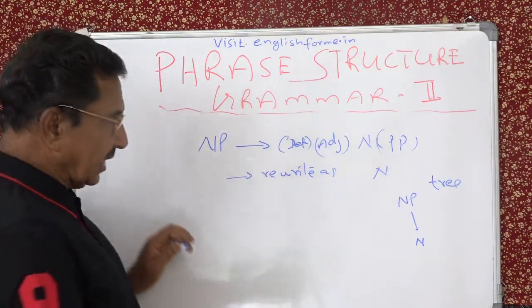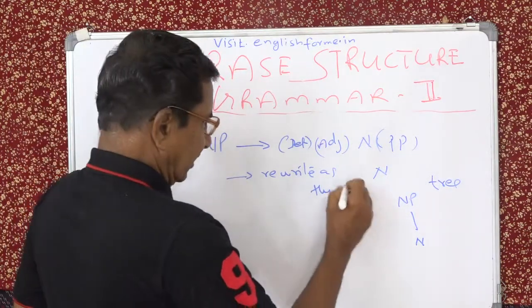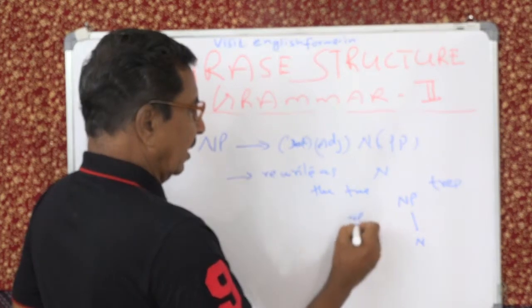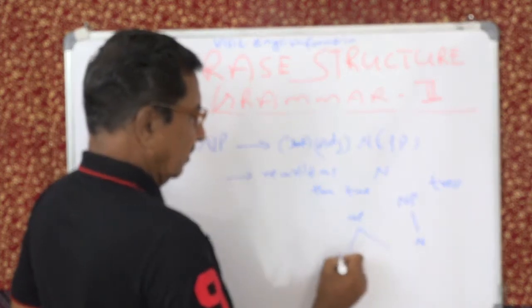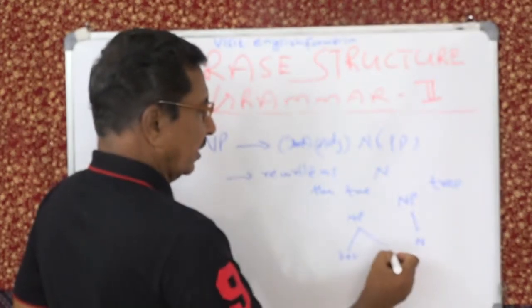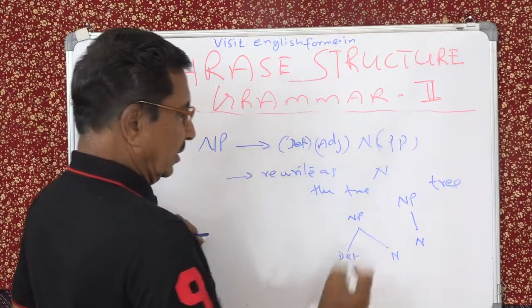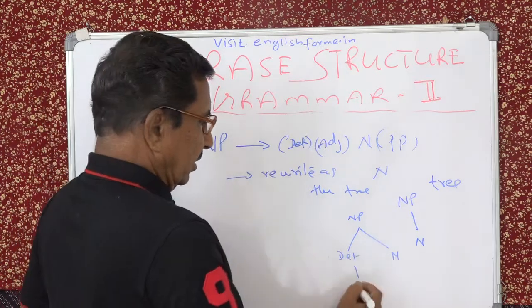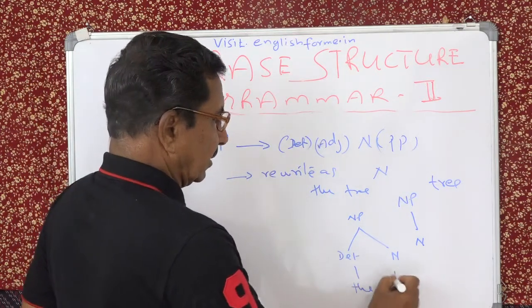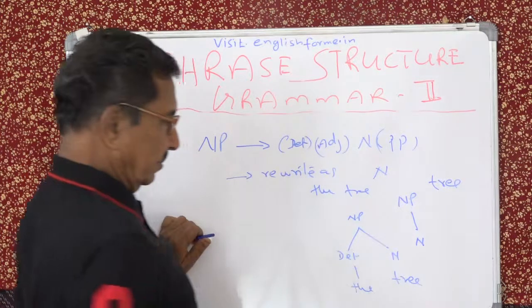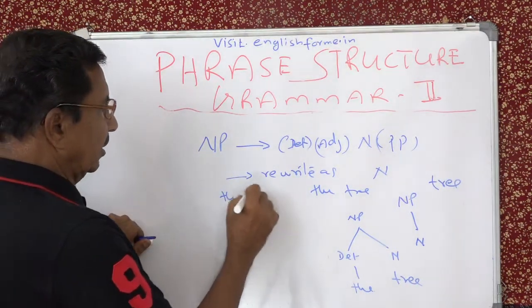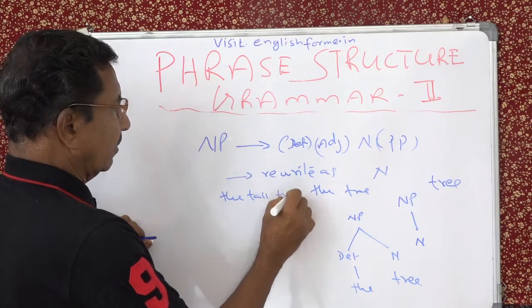Or you can say the tree. The tree. So that will be NP, determiner and the noun. Then you have got the and tree. See the tree. The tall tree. That is also the tall tree.